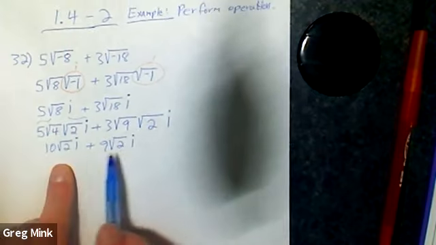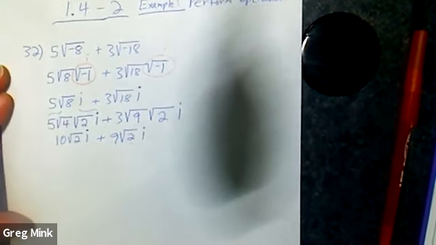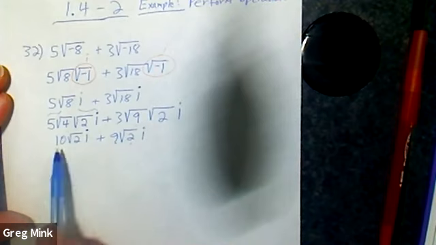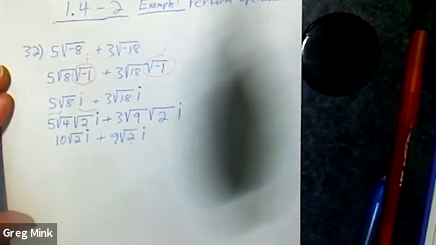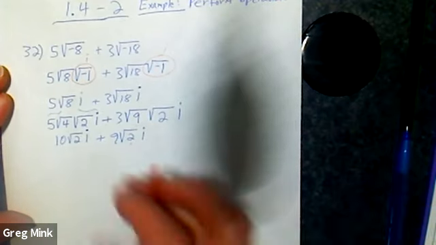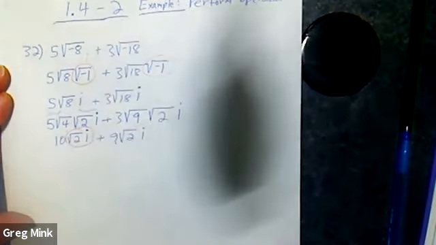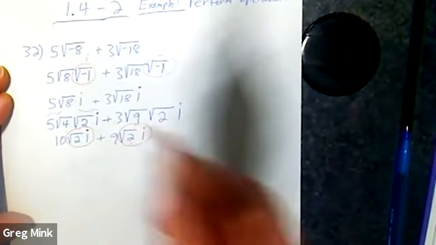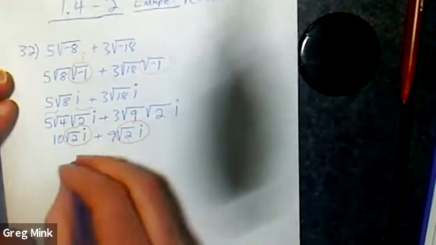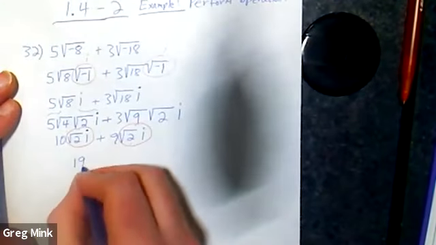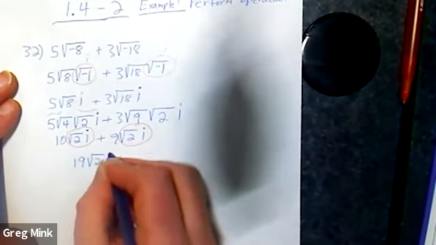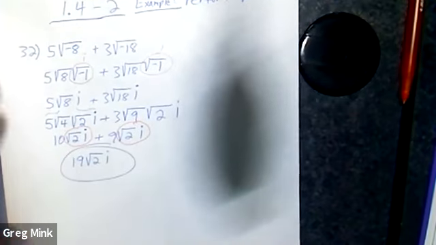And actually, I can combine these because they're both i's and they have like radicals, the same. If there was a square root of 3, you could not combine these, but we can. Okay. So if I have 10 root 2 i's, this is the way I would think about it. I have 10 of these things plus 9 of these same things. Well, I'm going to end up with 19 of those things, those square root of 2 times i's.